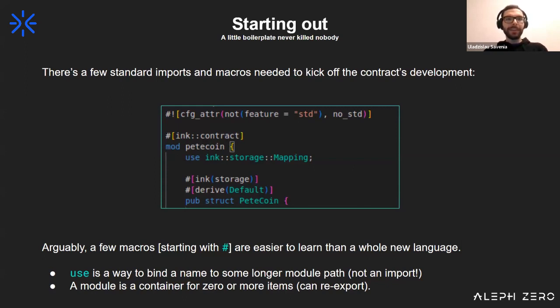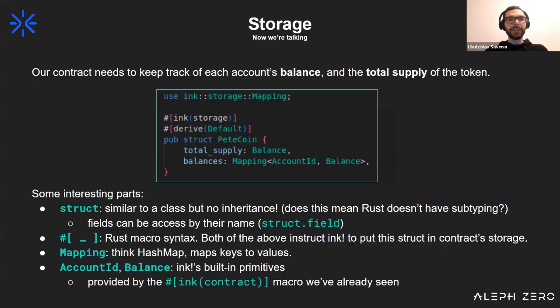Yeah, and basically you use this shortcut of use. So now that instead of writing this entirely in storage mapping all of the time, you can just conveniently call it with mapping instead, and it will just work. Yeah, and here we define the storage with this storage macro.